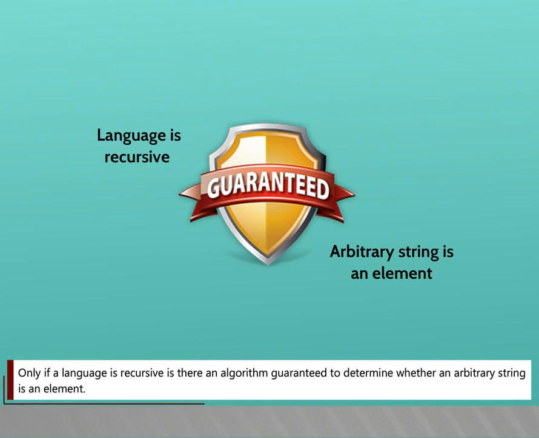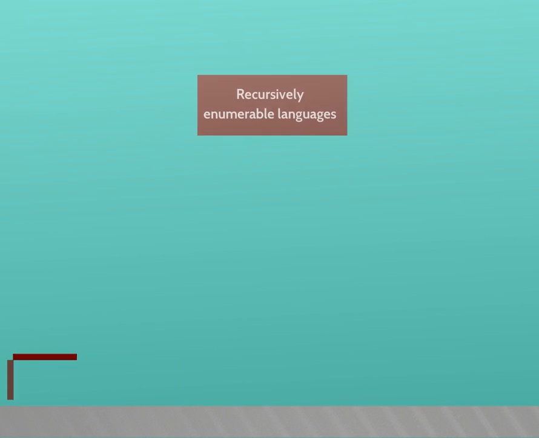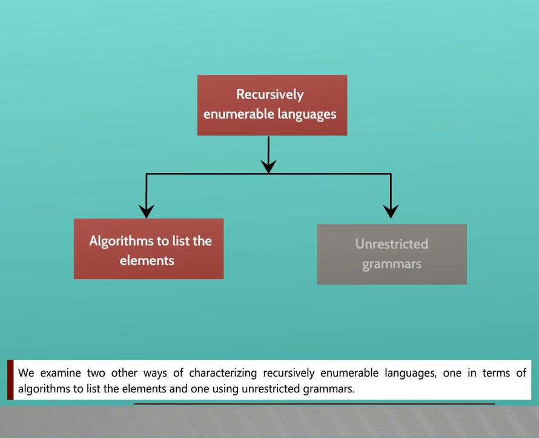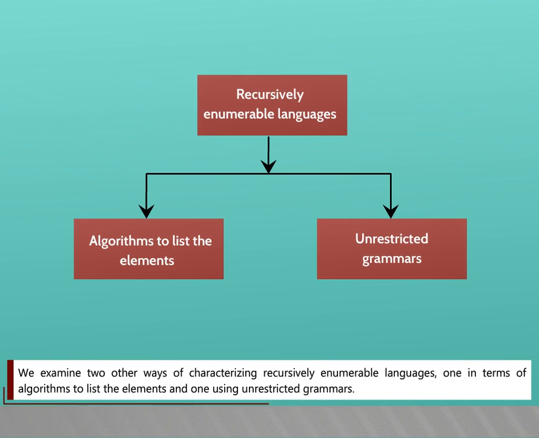Only if a language is recursive is there an algorithm guaranteed to determine whether an arbitrary string is an element. We examine two other ways of characterizing recursively enumerable languages, one in terms of algorithms to list the elements and one using unrestricted grammars.